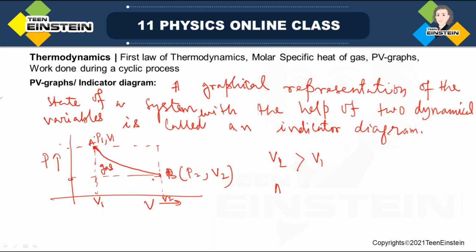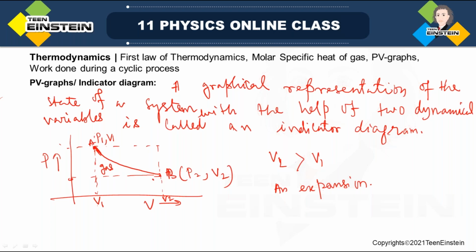An isothermal expansion, you can say. We have kept the temperature constant, so this is a process of expansion of the gas. If we go from A to B like this, if we just change the arrow, then it is called compression.